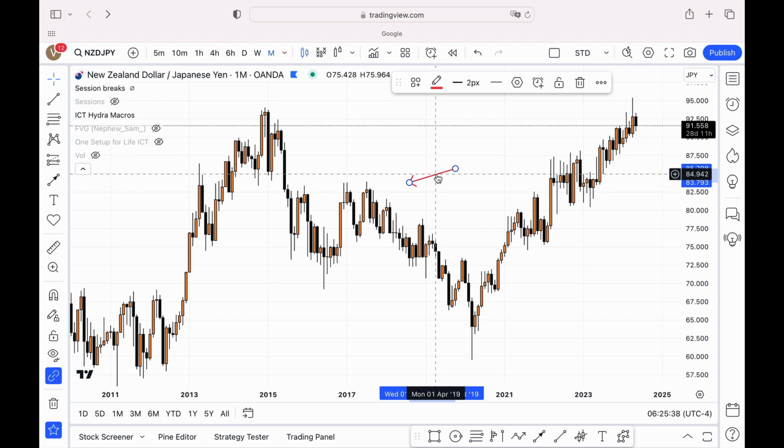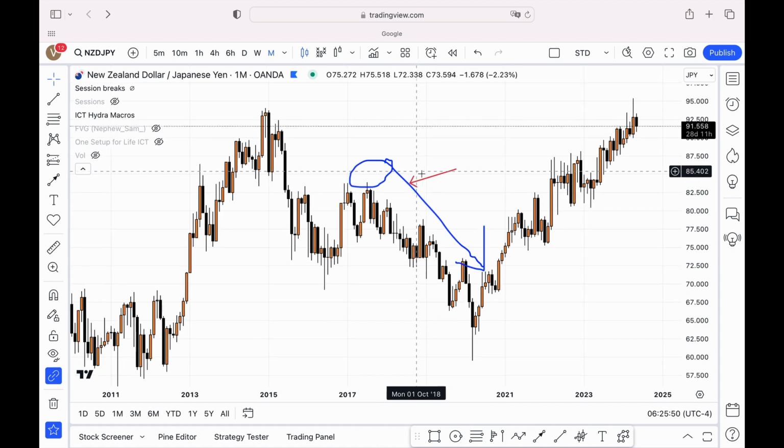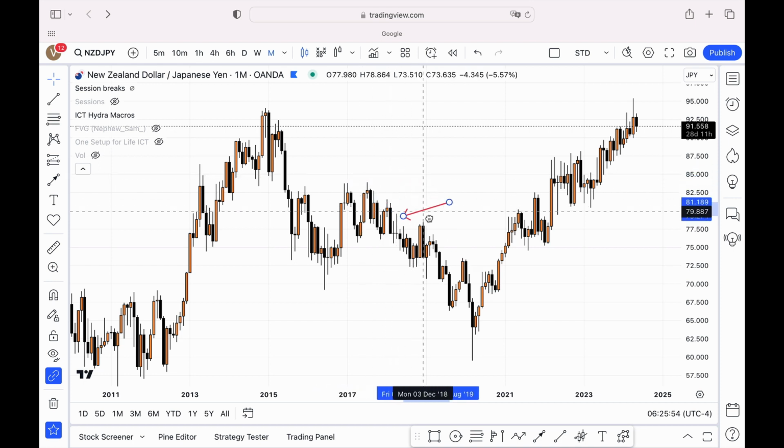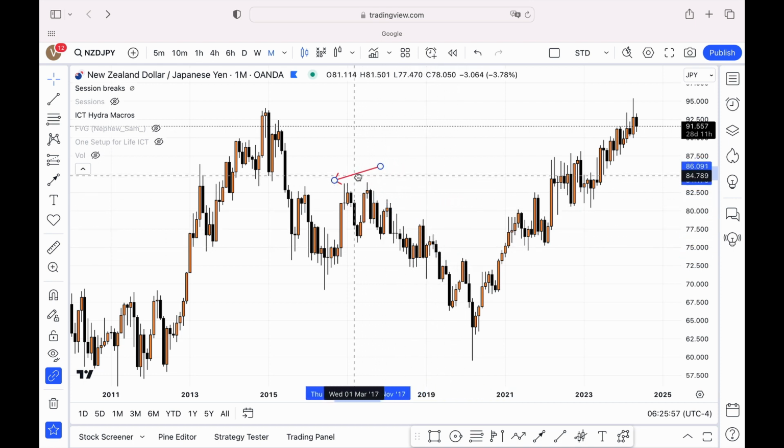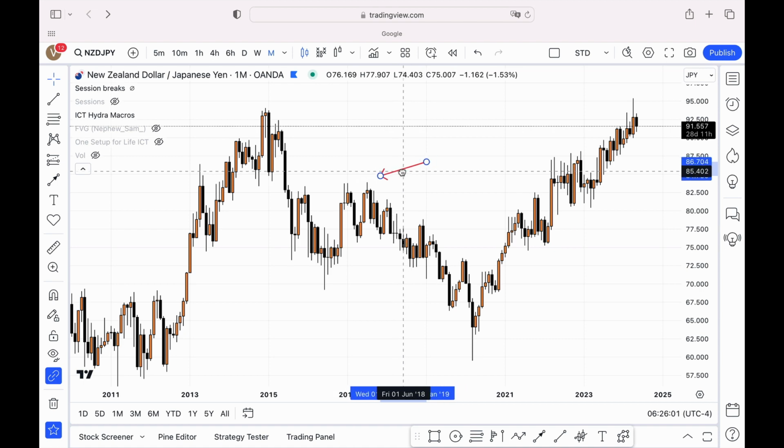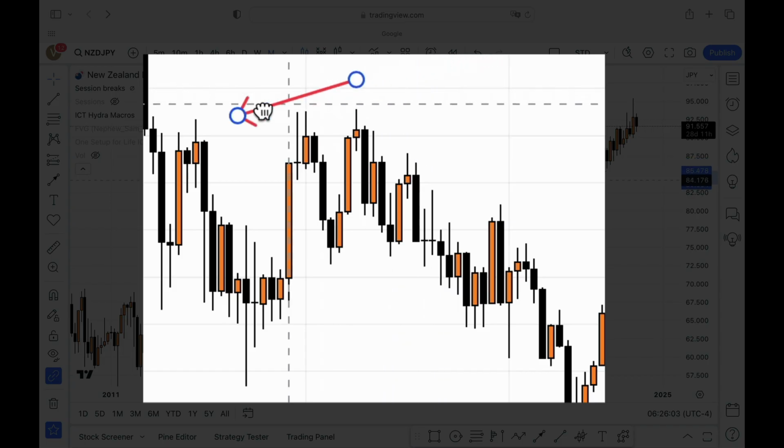Now, we don't actually know 100% if there are actually orders residing at those levels. We only know based on the reaction of price. If price reacts to that level, then we know that liquidity or orders existed at that level. So let's have a look at this level right here.